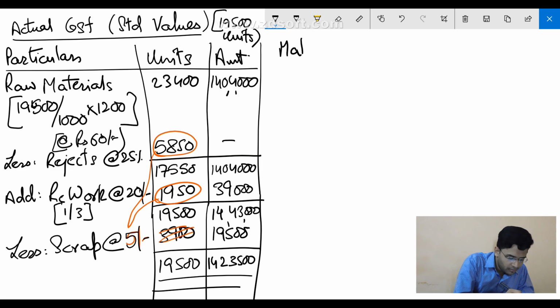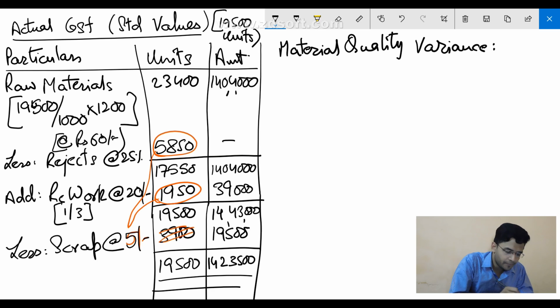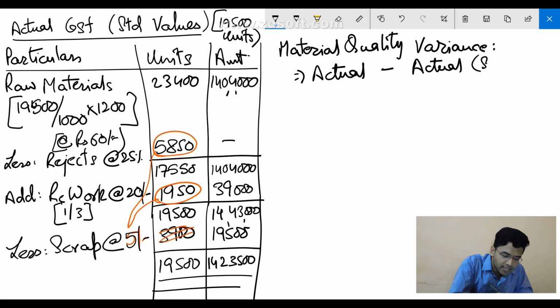Now we can simply compute the material quality variance. Material quality variance is computed by reducing two amounts, guys. One amount is the actual cost which has been incurred minus the actual cost at standard prices.